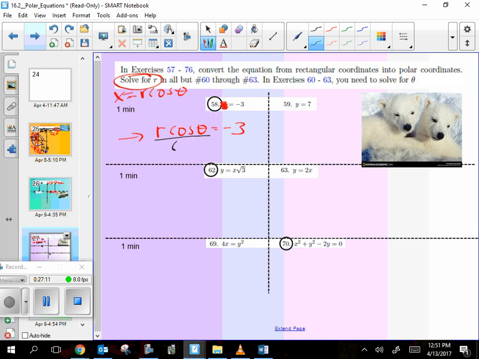I could divide by cosine on both sides. Or, let me think if there's another way. How else could I get cosine off of there? No, I can't use inverse. Yeah, I have to do it the way I just did it.